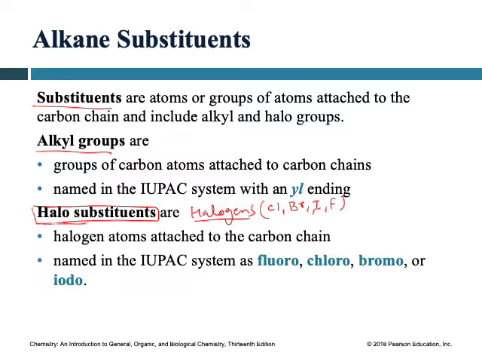We usually write the substituent for a halogen as follows: if it's fluorine, then fluoro. If this is chlorine, then chloro. If it's bromine, bromo. And if it is iodine, then iodo. So if you find any of these substituents attached to your parent chain, you just write fluoro, chloro, bromo, or iodo, depending on which halogen is attached.